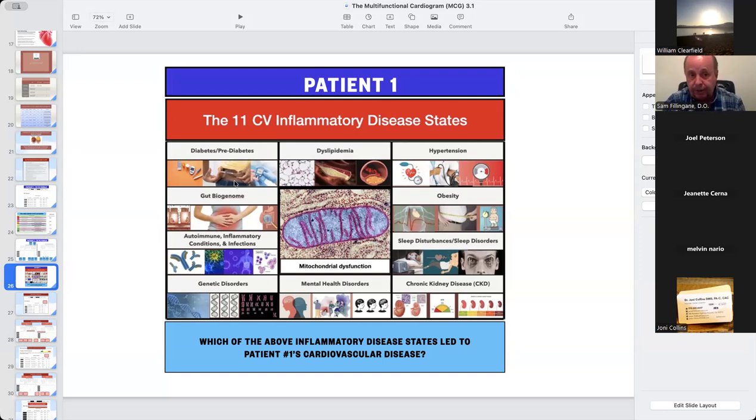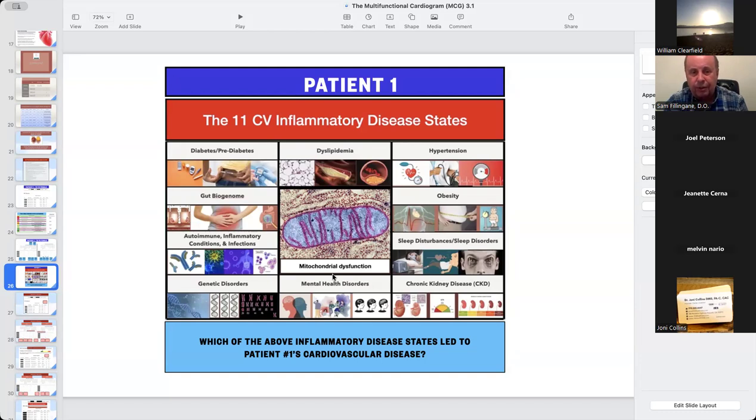Does this person have a gut biogenome issue? And lastly, yes or no, mitochondrial dysfunction. Now, once you have identified what they have, and most of the patients with advanced disease will have 5 or 6 of these things out of 11, then you will begin to treat each one of them from an inflammatory perspective.